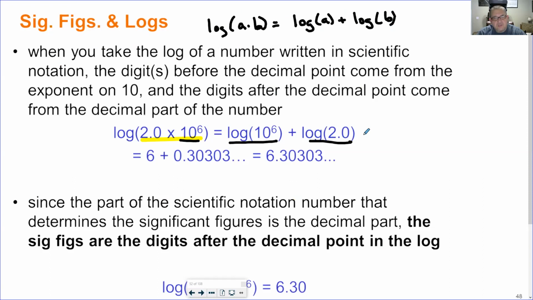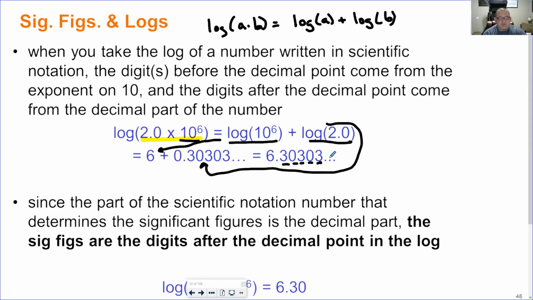Now if I want to do the conversions, log base 10 of 10 to the 6 is simply 6. And then log base 10 of 2.0 is 0.301. When I add those together, I would see that it's 6.301.